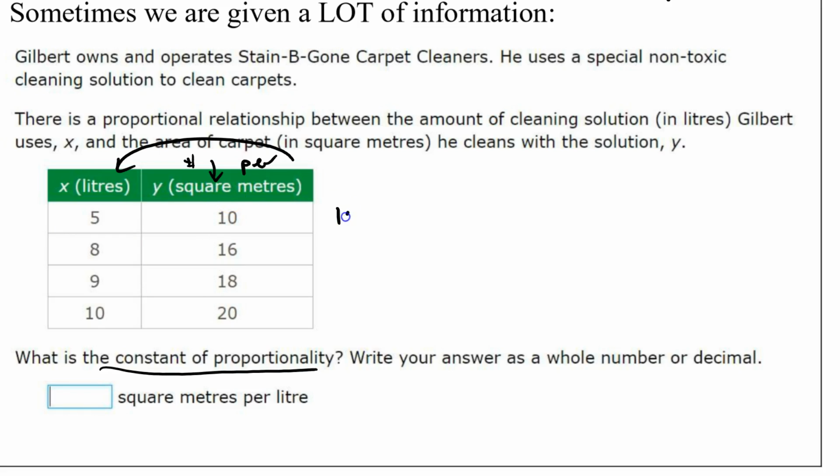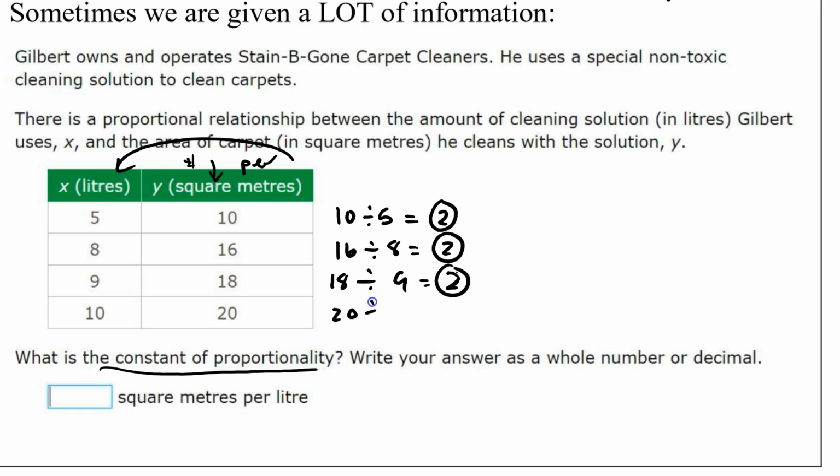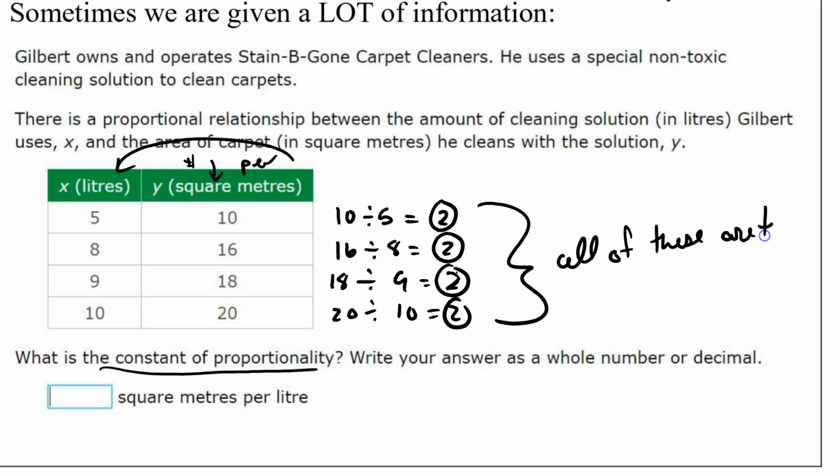Another way of saying this is if I go 10 divided by 5, that equals 2. 8 liters will clean 16. 16 divided by 8 is also 2. 18 divided by 9 is also 2. And 20 divided by 10 is also 2. So since all of these are the same, this is how we know we have a proportional relationship.